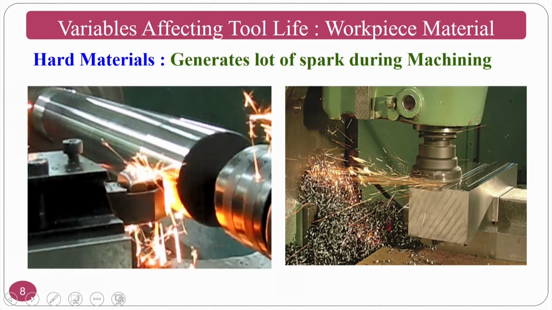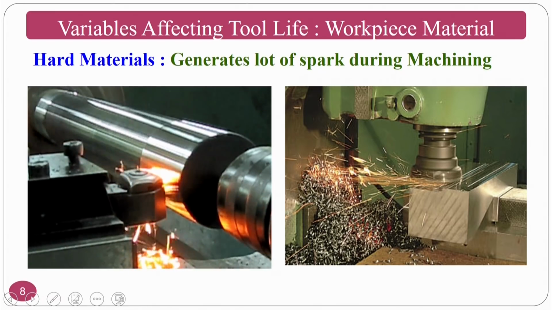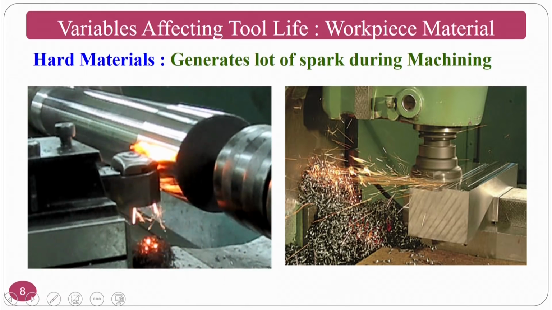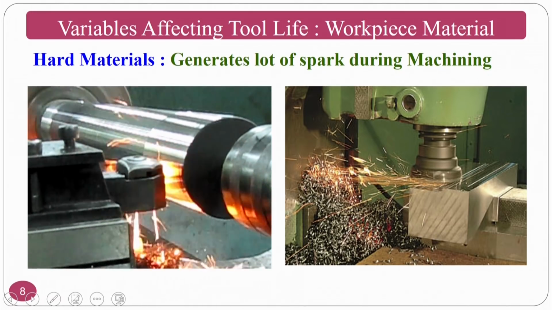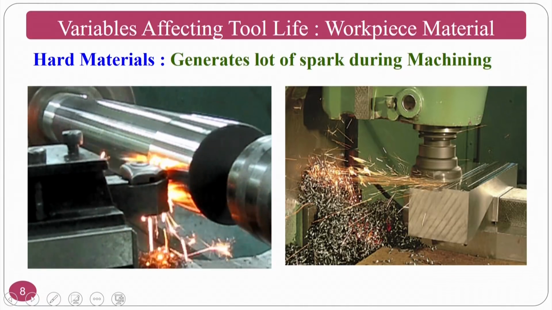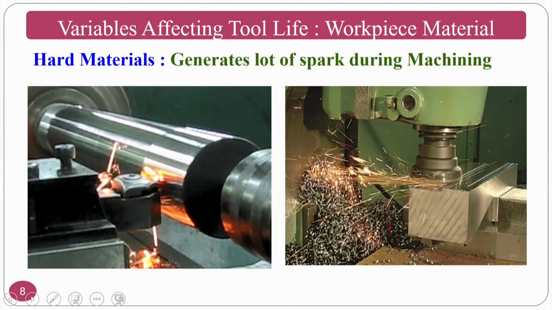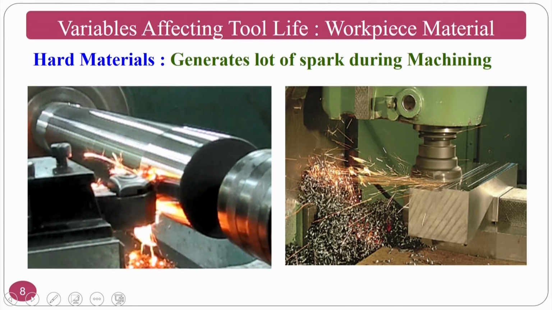See, the video shows the turning operation of hard steels. This is an experiment that was done at our laboratory when I was studying. Hard steels are machined by coated carbides.